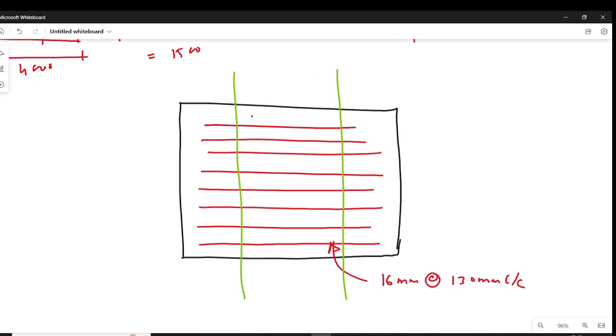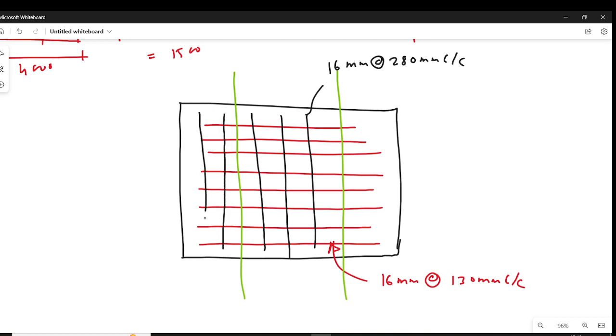In the central band, the spacing of the reinforcement is 16 mm at the rate 280 mm center to center, and in the edge band, at the edge band, the spacing of the reinforcement is 16 mm at the rate 300 mm center to center. So this is the detailing of the reinforcement for the rectangular footing.